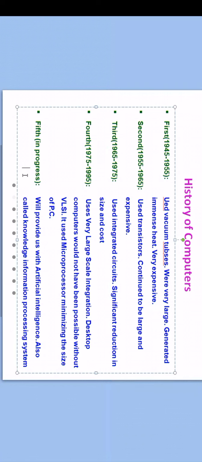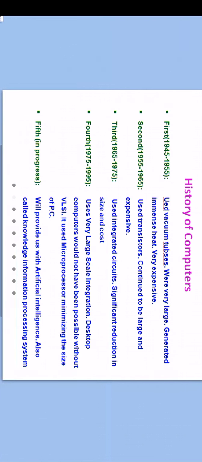That means the computer can think and act just like a human being. Okay, and we will see the details in the slides, like the history of the computer.